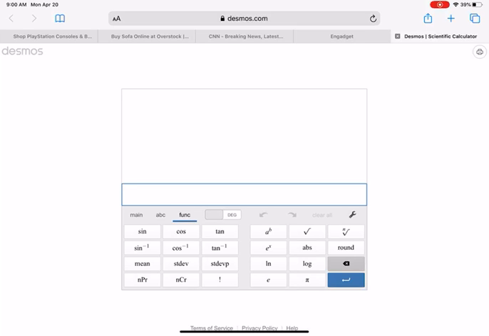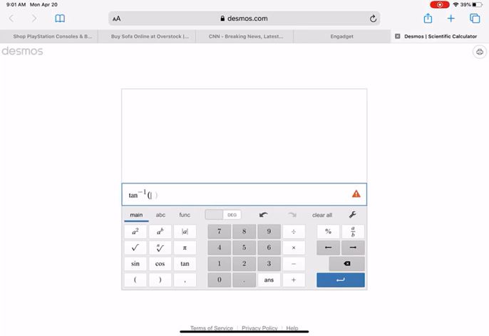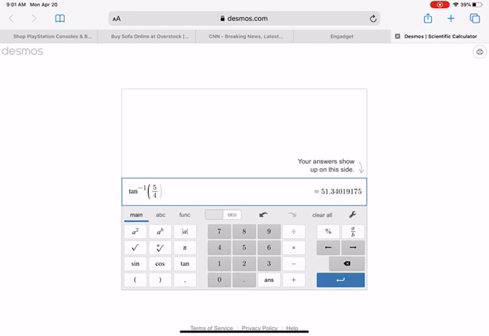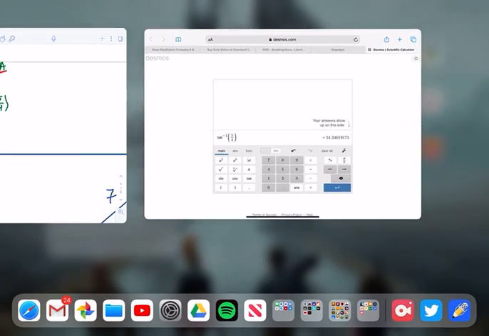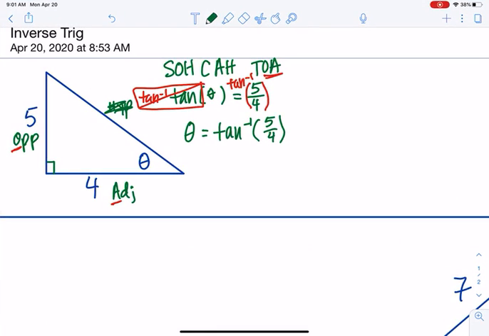Those are the inverse of those. So I'm going to do inverse tan, and then I want my numbers back, so I'm going to go to main of 5 divided by 4. And then there's my answer, 51.34. All right. So theta equals 51.34.